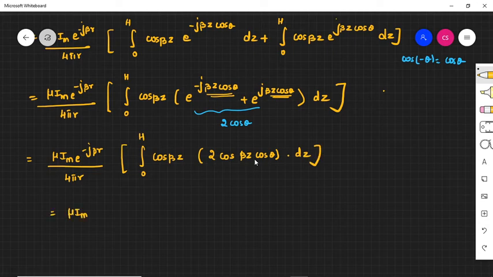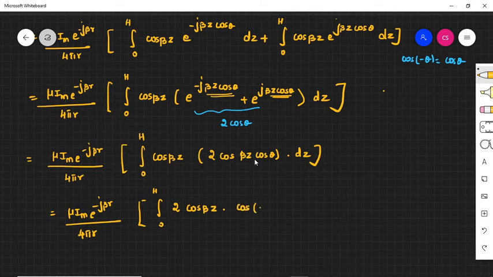So this is mu Im e power minus j beta r divided by 4 pi r integration of 0 to h. I'll just rearrange the terms. I'll take 2 forward. So it is 2 cos beta z into cos of beta z cos theta into dz.